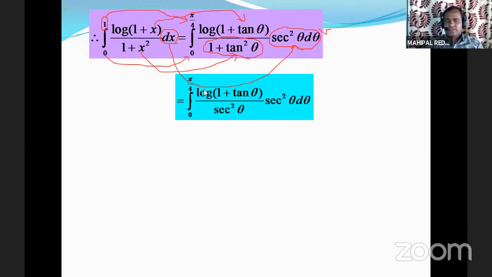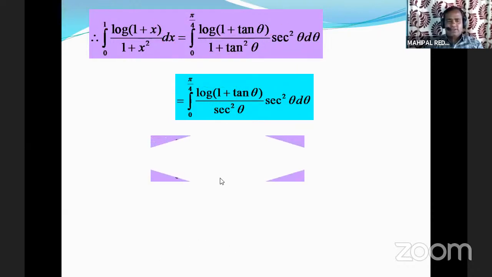So it is now integration 0 to pi by 4 log of 1 plus tan theta by sec square theta into sec square theta d theta. Now sec square theta gets cancelled.